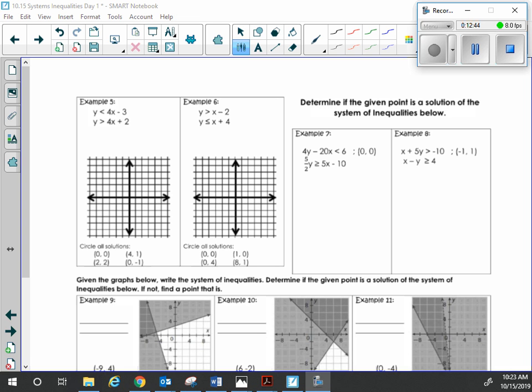Okay, so when you graph the first one, second one, it's supposed to be dashed. Alright, so you graph the first one, it was shaded below, and then the other one was shaded above.